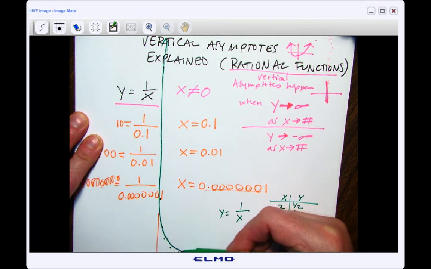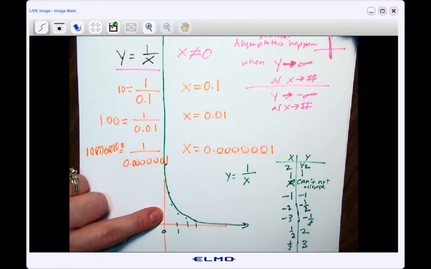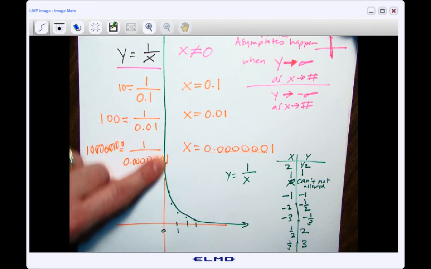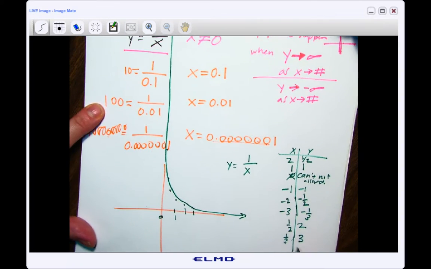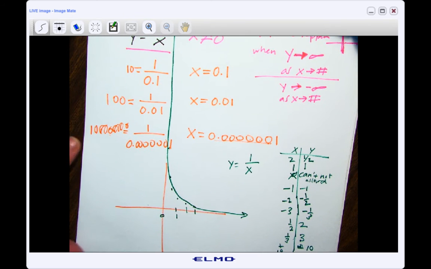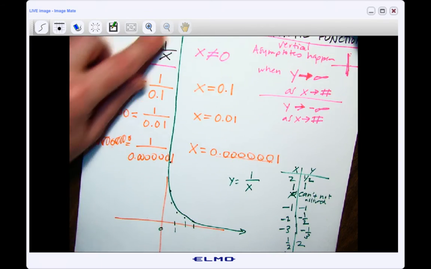So what ends up happening is, as I start putting these numbers in that are close to 0, my outputs, my y's, get really, really huge, right? So when I put in a 1/10, I got a 10. When I put in 100th, I got 100, didn't I? That's what was happening in each of those cases. So that's what's happening here.